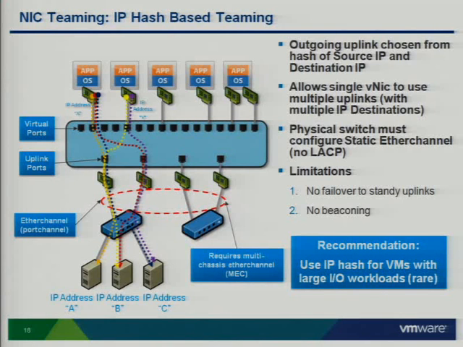It cannot be dynamically adjusted without LACP. And the other thing is you cannot turn on beacon probing. In beacon probing, we require that a broadcast packet sent out of one pNIC be reflected back by the physical switch on the other pNICs. But if you configure Ether channel, that reflection does not happen. So always remember: no failover, no beacon probing.